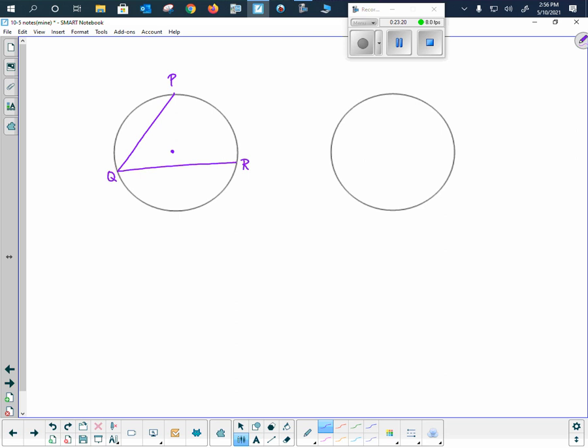Well, to me, this vertex right here is on the circle. And that's exactly what it's called. This is an angle with vertex on the circle.